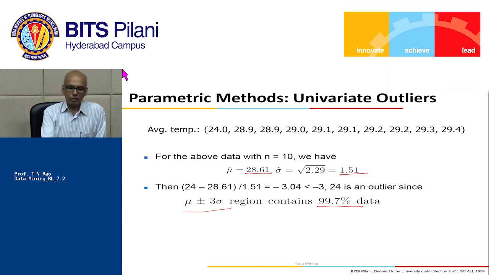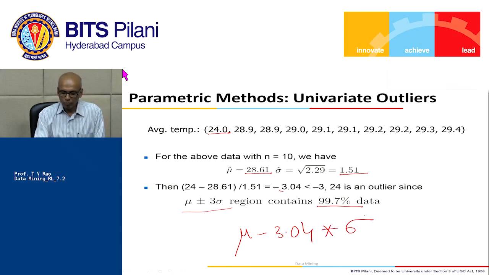As we observe the values, we see that there is a value 24 that is beyond 3 sigma. It is coming to mu minus 3.04 sigma. What it means is that it is beyond this range of 99.7% of data. So if this is our threshold, then we can say that this 24 degrees temperature must be an outlier.